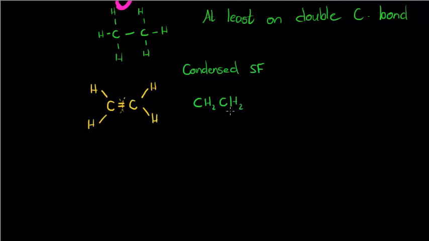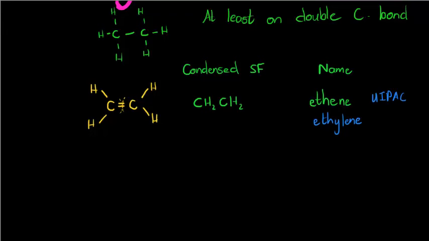So this is the condensed structural formula, and now the name. This is methane. No, I lied. Ethene. Another common name for this is ethylene, but don't worry too much about it. The IUPAC name that we are going to use is ethene.